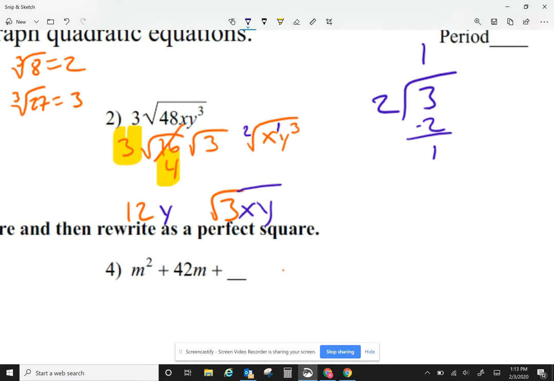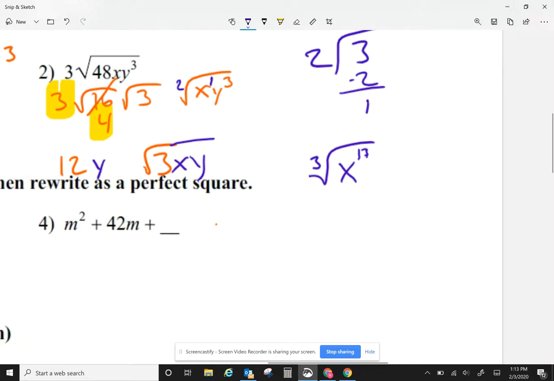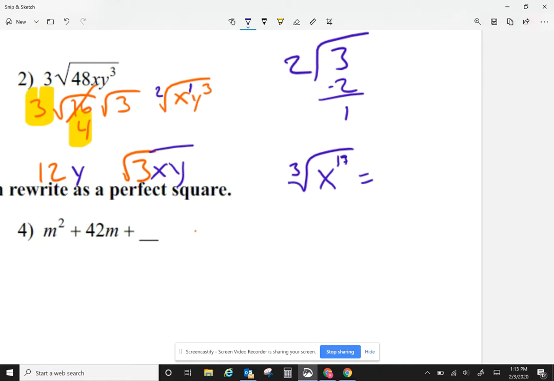Real quick, as an example, let's say I had the cube root of x to the 17th. I think, 17 divided by 3. How many times does 3 go into 17? It goes 5 times, because 5 times 3 is 15.